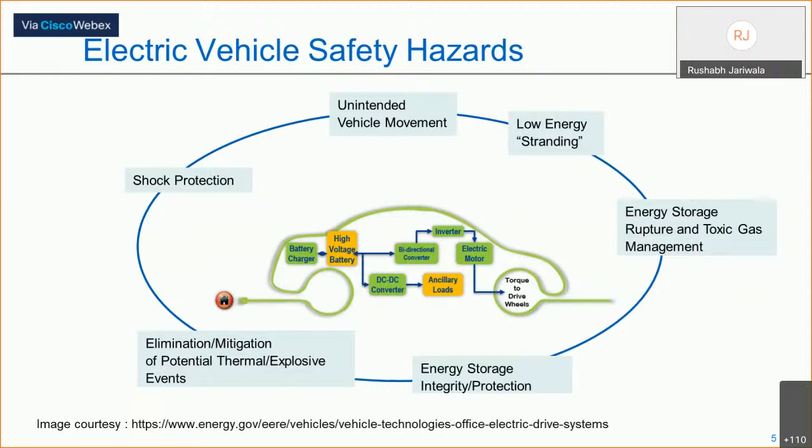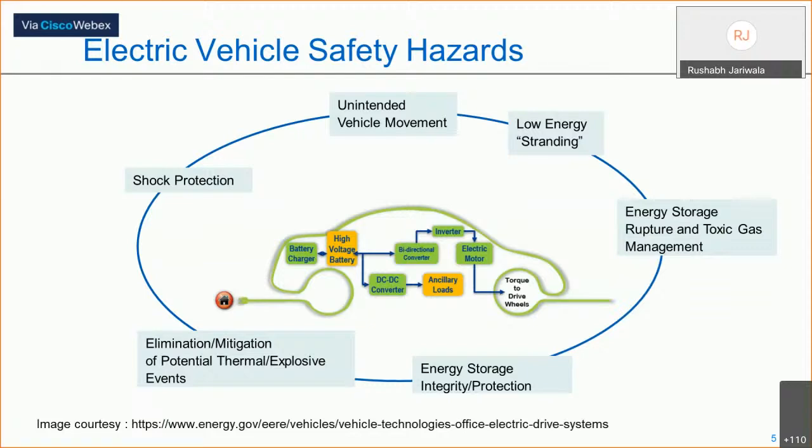Now let's look into some of the major hazard points related to the electric vehicle. One of the most prominent ones is unintended vehicle movement. The battery electric vehicle actually brought in a very different kind of challenge.